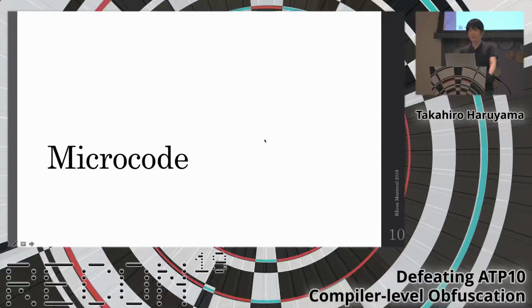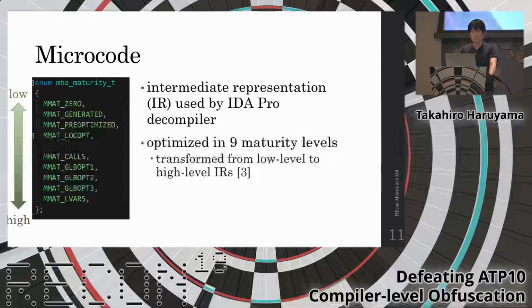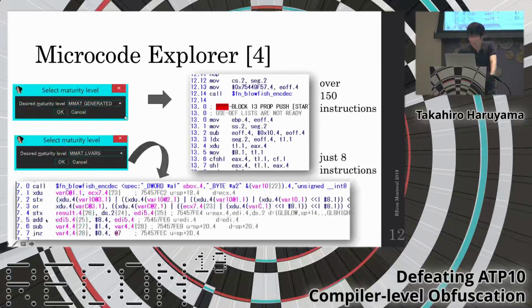Before explaining the modifications, I'd like to cover the basics of Hex-Rays microcode. Microcode is an intermediate representation used by the IDA Pro decompiler. It's optimized in 9 maturity levels, from low to high-level IRs. By using Microcode Explorer, which is supplied with the Hex-Rays SDK, we can see microcode instructions at the selected maturity level.